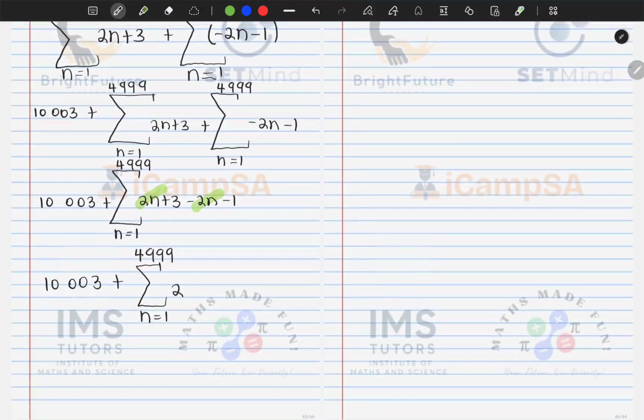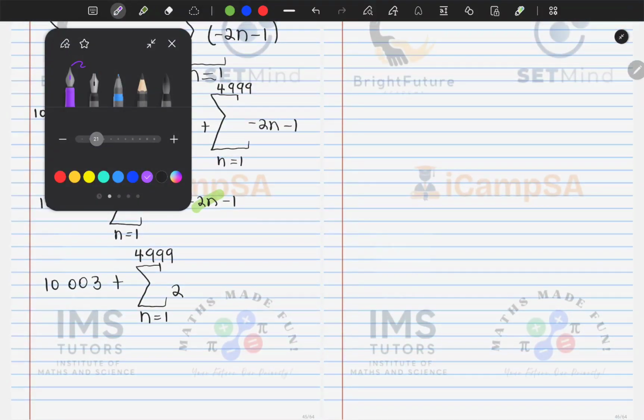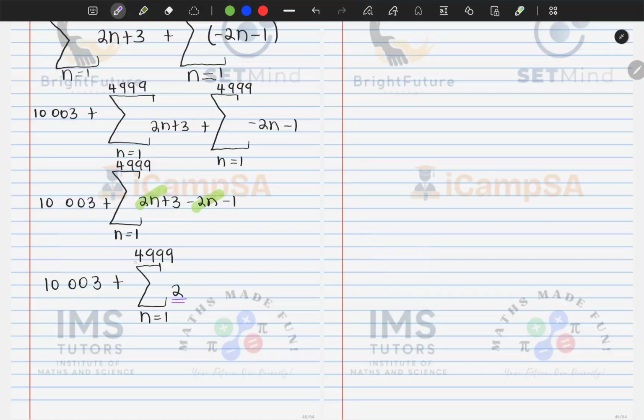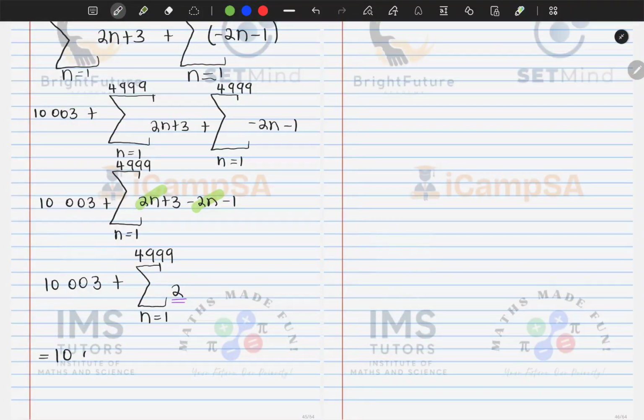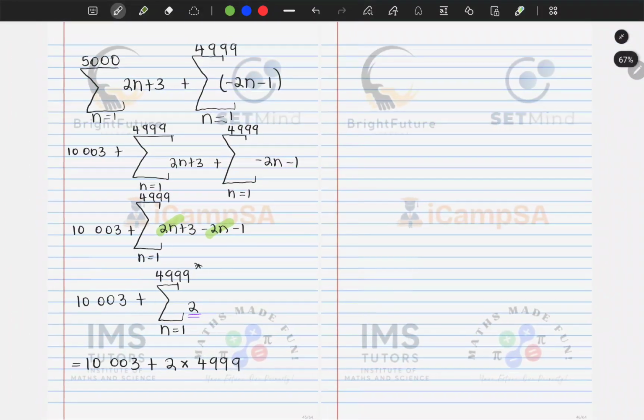So now, if you think carefully of the answer, we are trying to sum 4,999 times. So the answer to this should be very simple. It will be 10,003. Then plus, we are summing 2 this number of times. So that is just the same as 2 times 4,999.